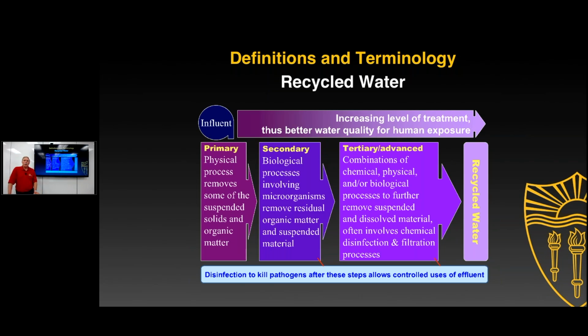We don't have time today to go through all the various treatment requirements. We know, depending where many of you are from, recycled water may have various grades of treatment. Generally, as we see the amount of treatment go from primary, secondary to tertiary and advanced treatment, the actual water quality increases significantly. Does it approach potable water standards?